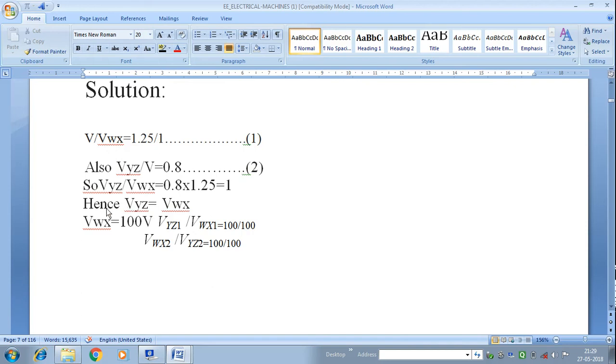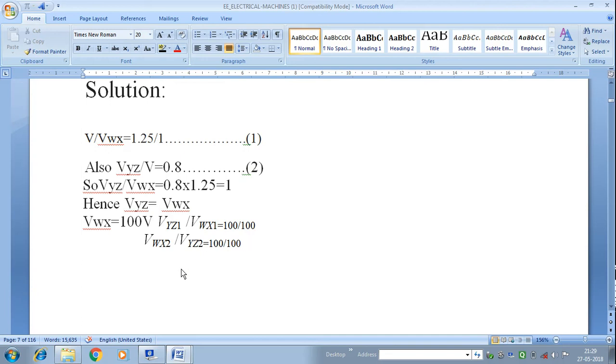Therefore we can find this relationship, Vyz is equal to Vwx, and Vwx is already given as 100 volt. So Vyz is equal to Vwx, or Vyz1 is equal to Vwx1. Therefore Vyz1 by Vwx1 is 100 by 100, and Vwx2 by Vyz2 is 100 by 100.